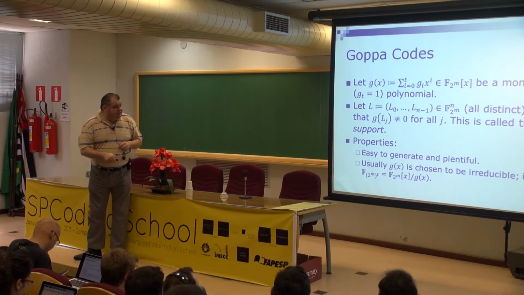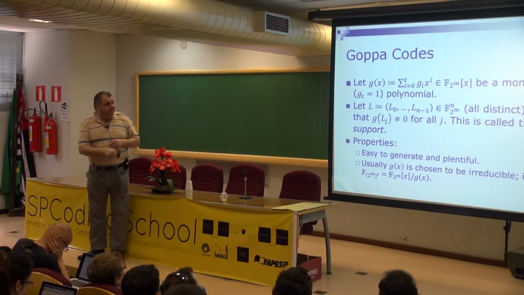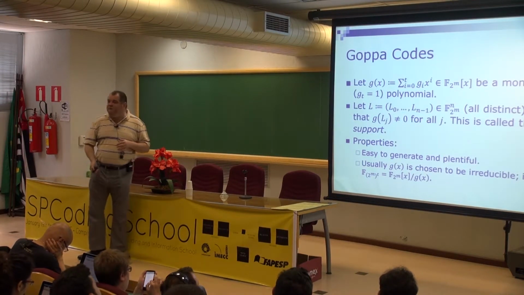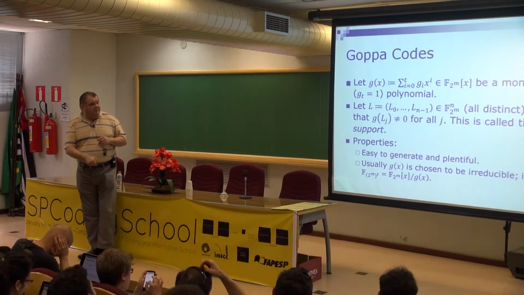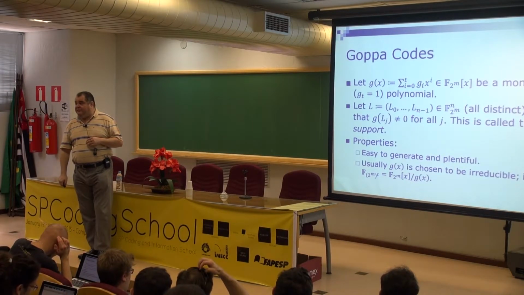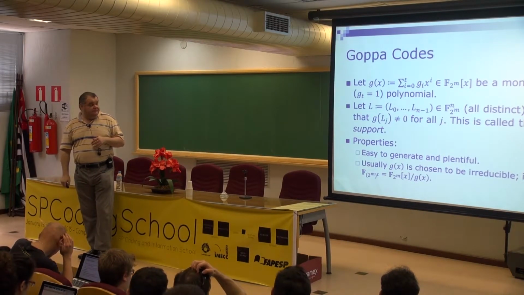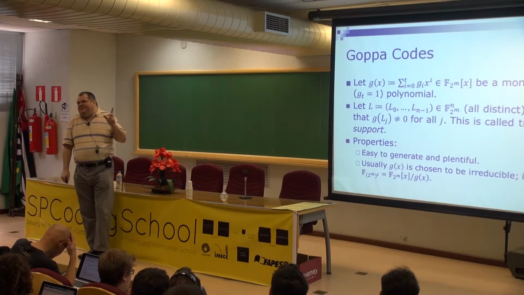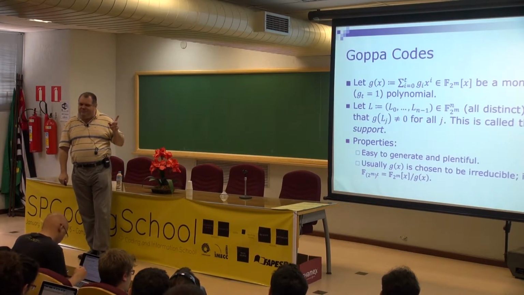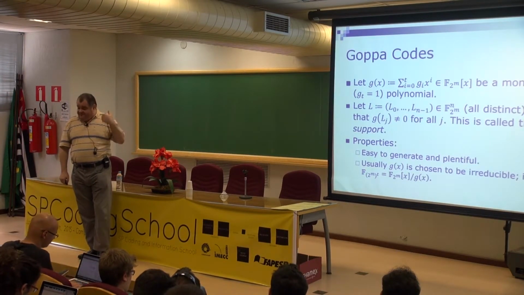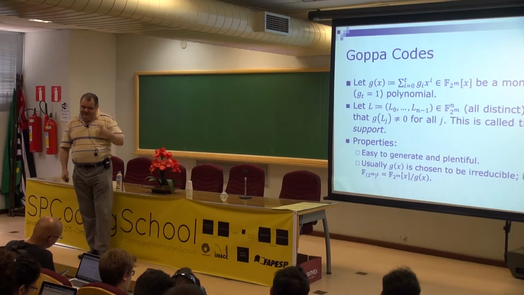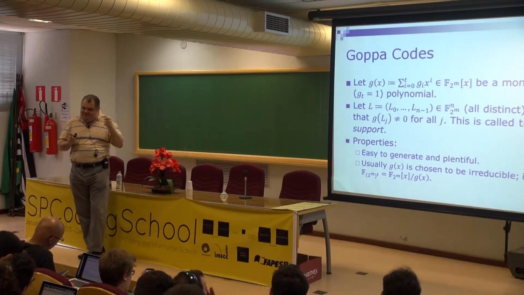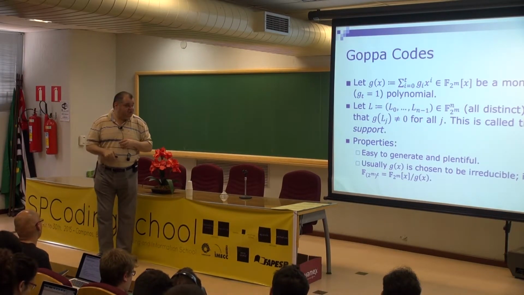So they are very easy to generate. Just pick a polynomial, pick a set of random elements from that finite field of characteristic 2. It's not necessary that the characteristic be 2 here, but since from yesterday we decided to focus our presentation on binary codes, let's stick to that same convention here.